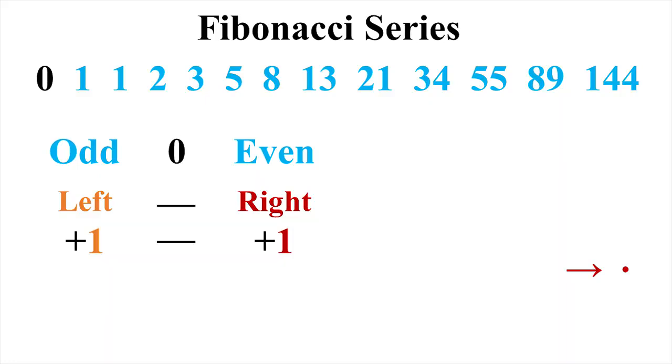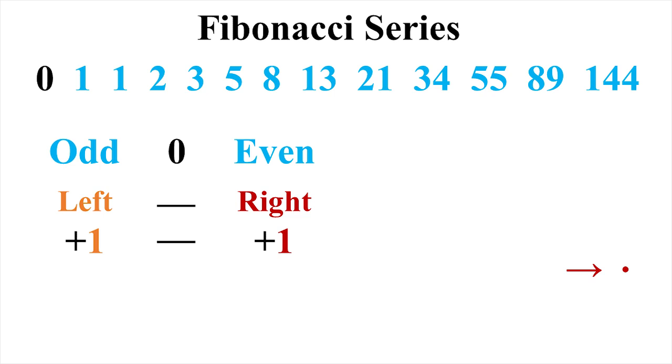Okay, now let's take that Fibonacci series, and we're going to play a little game here. If the number in the Fibonacci series is odd, we will turn left and go 1 unit. If the number is 0, we won't do anything. And if the number is an even number, we will turn to the right and go 1 unit.